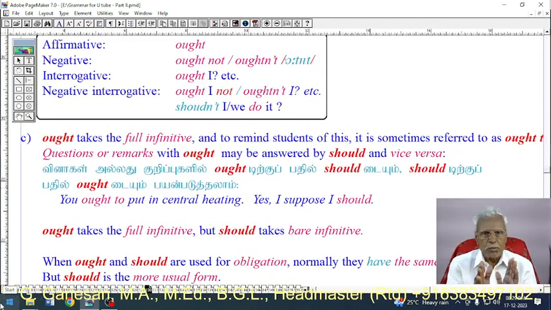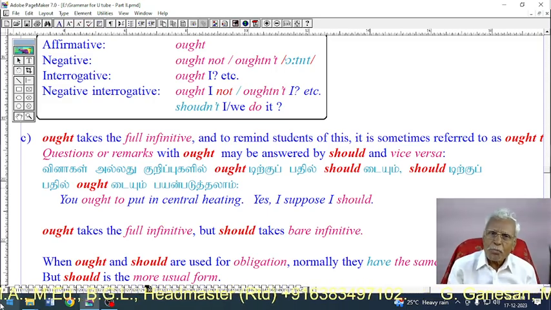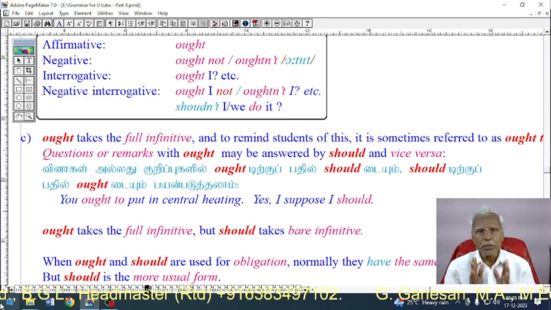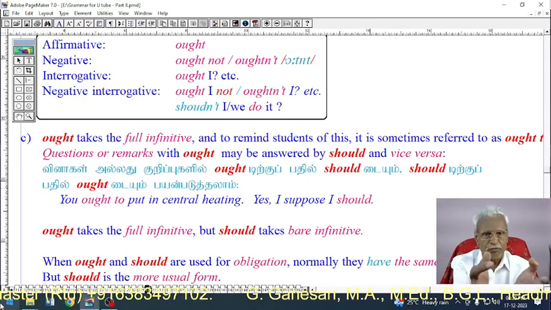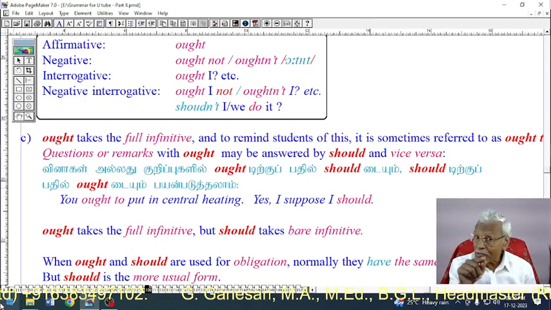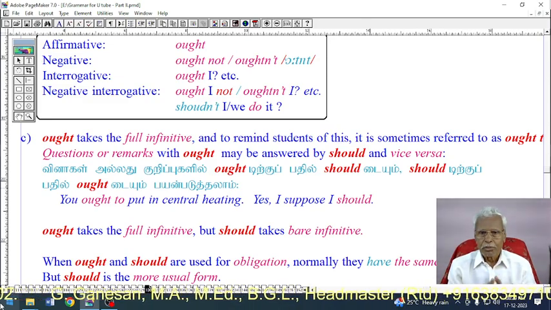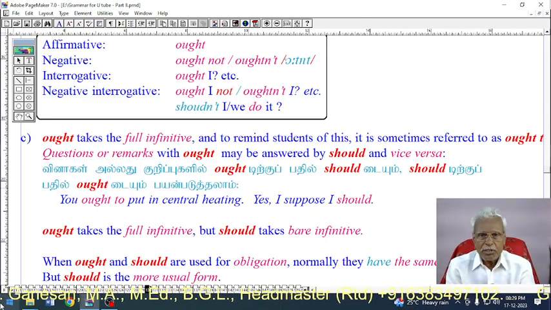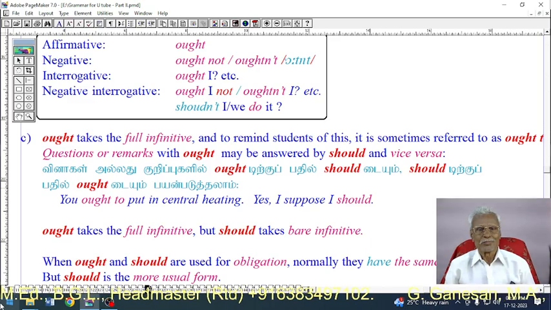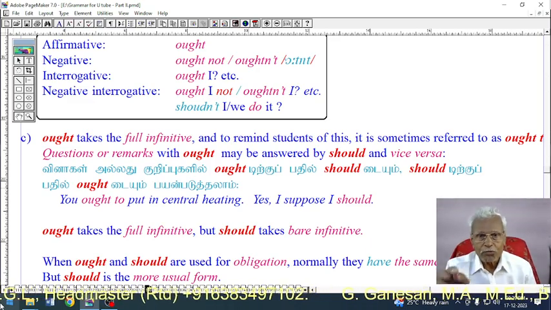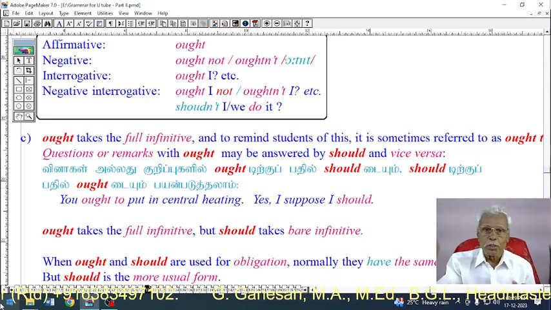The modal auxiliary ought takes the full infinitive. What is the meaning of full infinitive? To plus present tense is called full infinitive. Bare infinitive means the present verb without to. You ought to go. You should go.